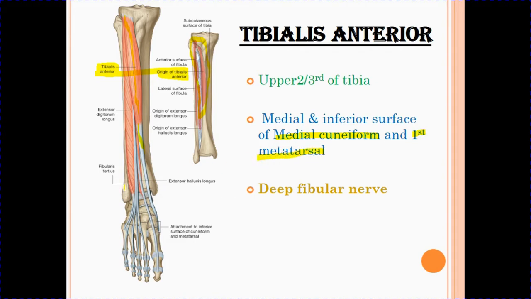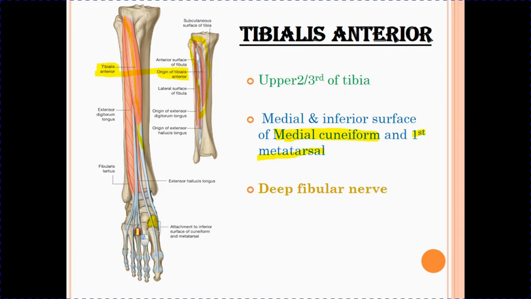Now you remember that in the upper limb, in hand there are carpal bones while in the foot there are tarsal bones. So in the foot there are tarsal bones and one of these tarsal bones is named as medial cuneiform. The name is medial cuneiform.